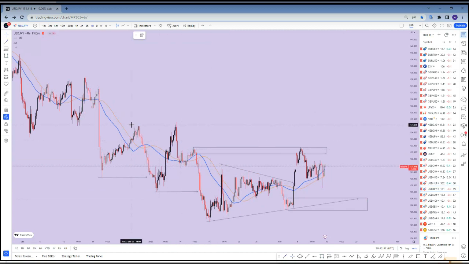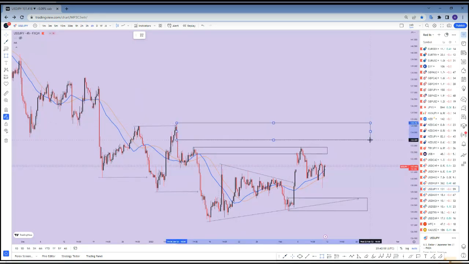Let me break it down a bit further. Yes, this is a bearish break of structure.